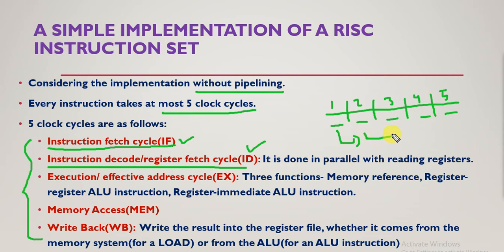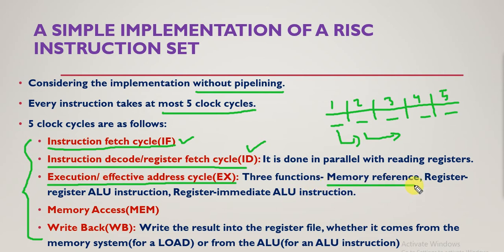Then it will move to the third cycle. What is happening in the third cycle? It is the major portion where the actual execution happens, so this is called the execution cycle. Some ALU execution will be happening, or it will do an effective address calculation to find the memory location where the data is to be stored. The execution cycle actually consists of 3 different functions.